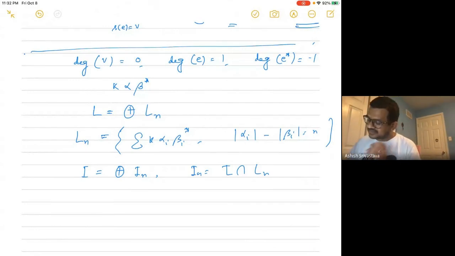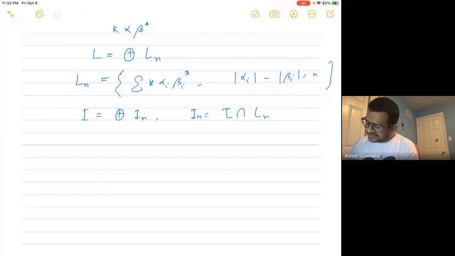It turns out that any graded ideal is generated by some special type of idempotents. And for that, let me introduce one more quick term here.